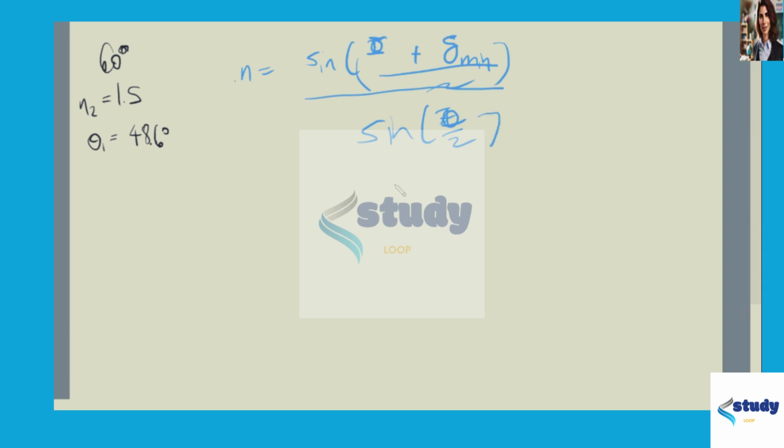Excuse my handwriting there. So we'll multiply sine of the apex angle over 2 by n, find the inverse sine of that, and then we're going to subtract the apex angle, and that will give us our angle of deviation.